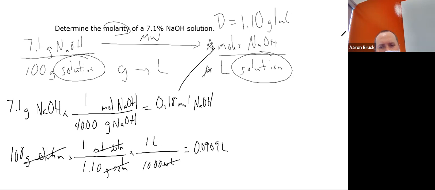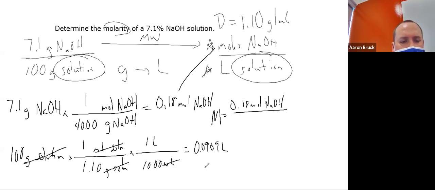For molarity, I would take the two and divide them by each other. 0.18 moles of sodium hydroxide over 0.0909 liters.